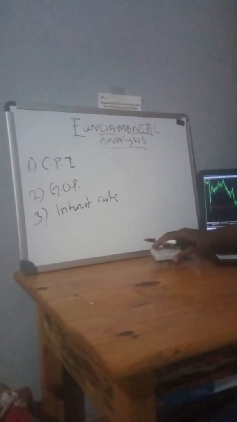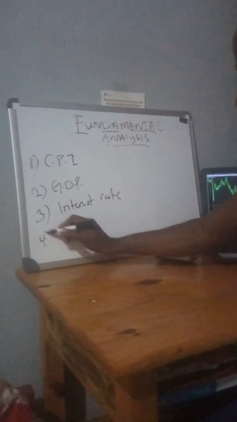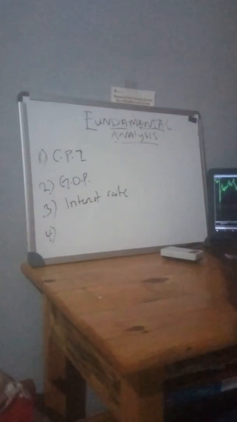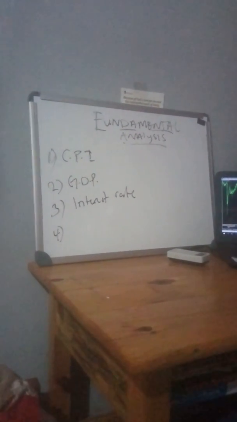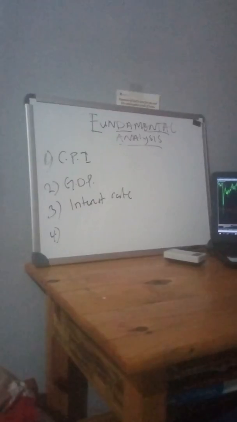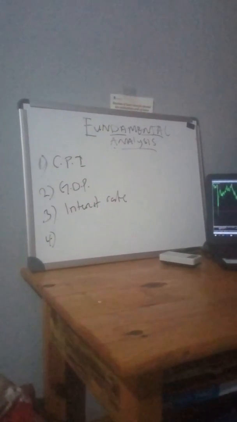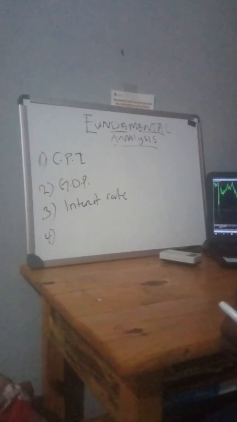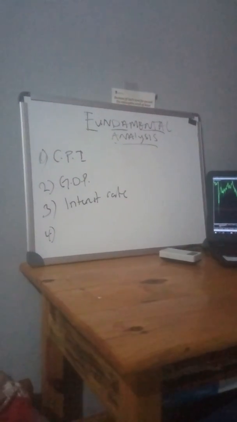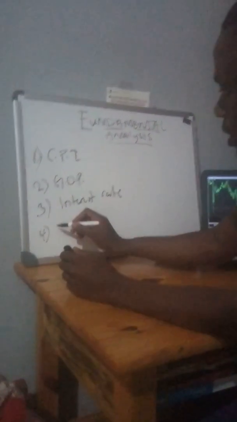Then I'll now discuss the ones that we have this week from NZD, that's New Zealand. We have the unemployment rate and net change in employment. Those two come out at the same time.